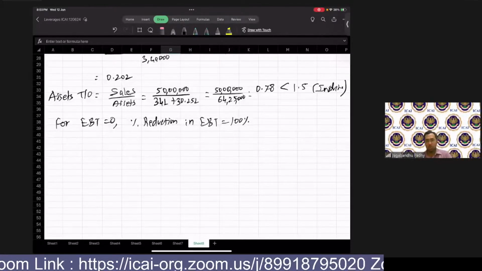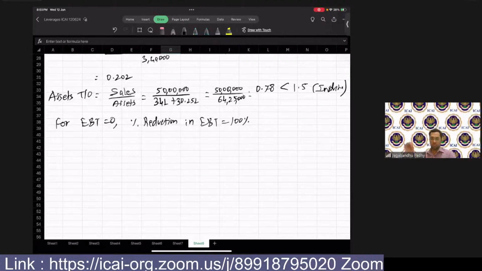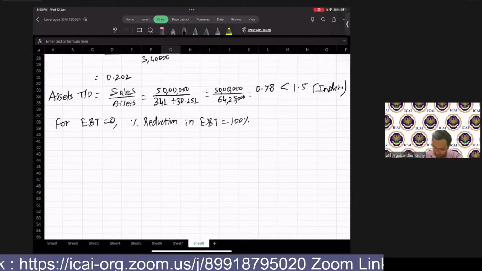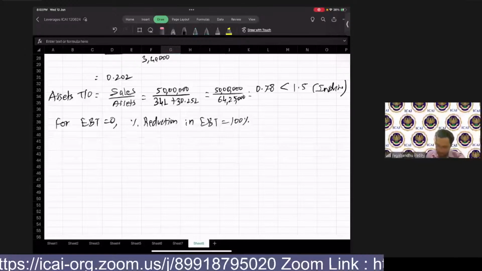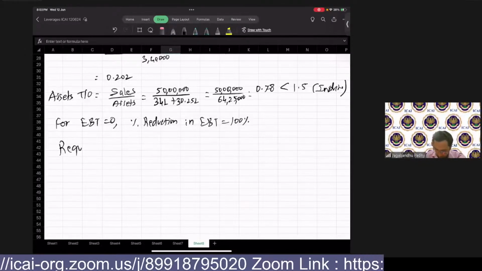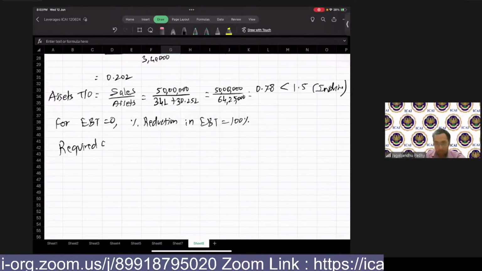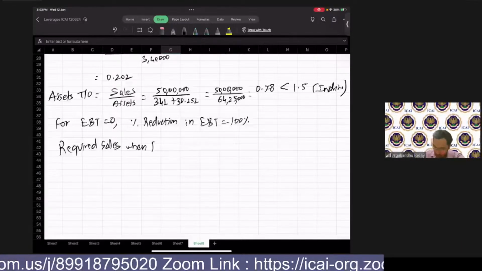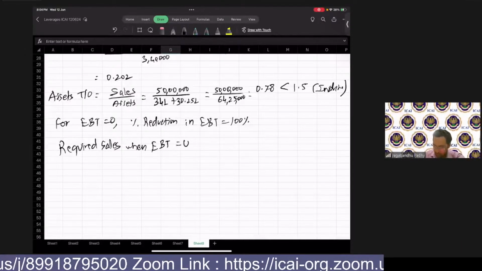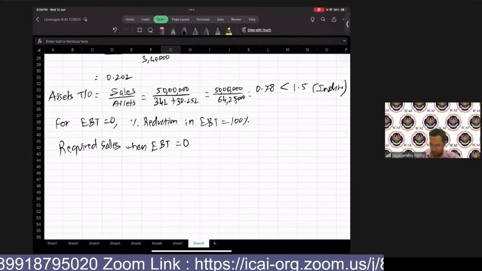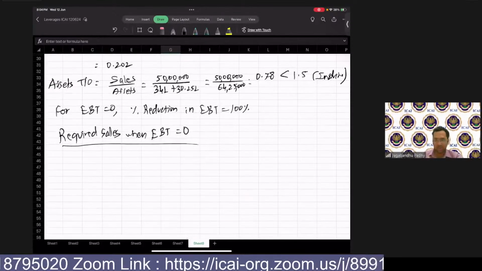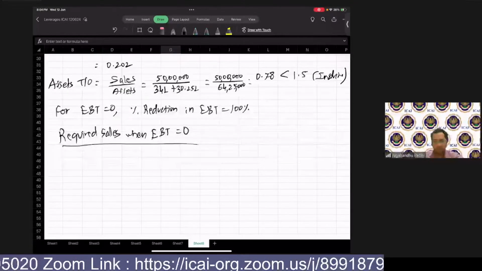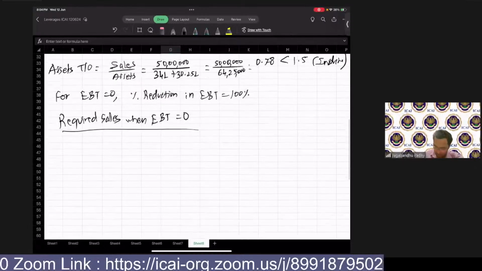So we want to know what the level of sales should be when EBT equals zero. Just prepare the income statement and you can do the backward calculation to arrive at it.